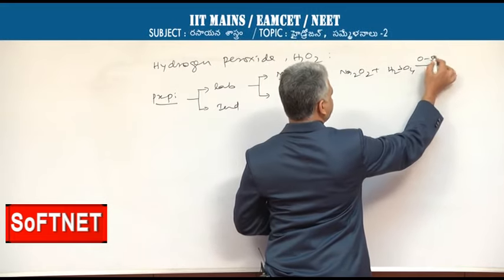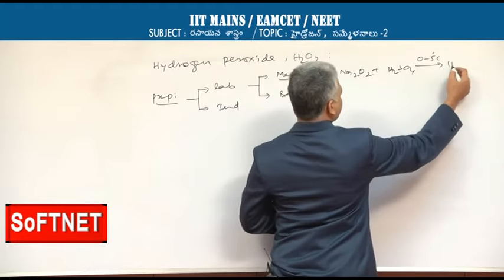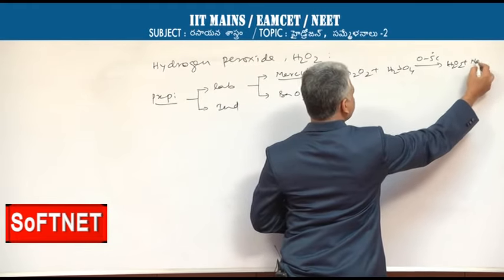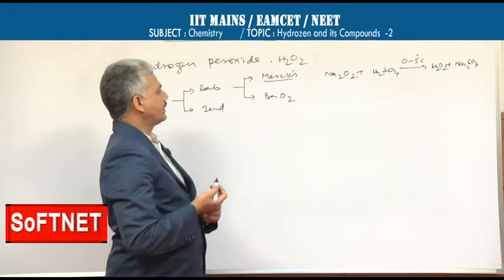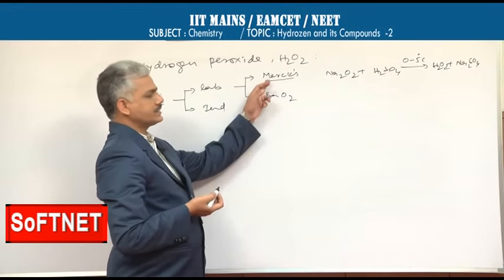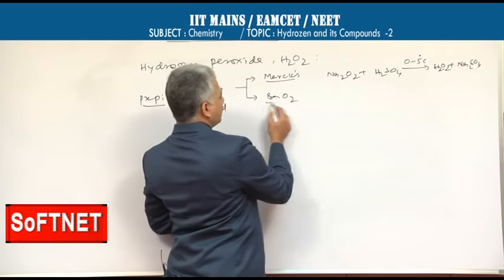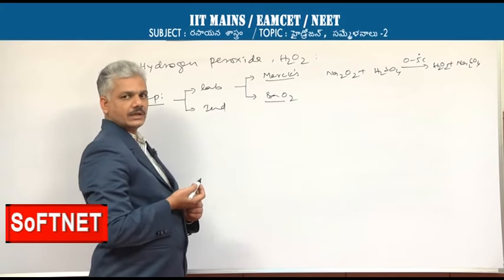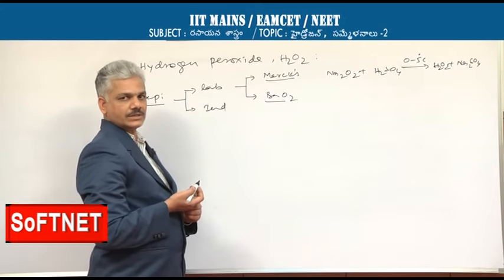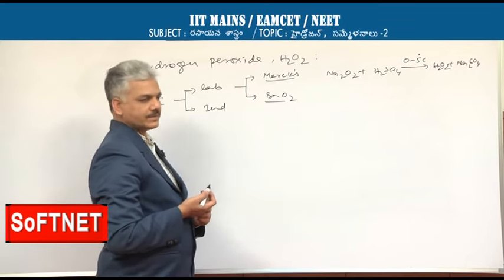Reaction is carried out at low temperatures. You will get hydrogen peroxide and sodium sulfate as the products. This reaction is called as a Marx process. Alternatively, when barium peroxide is made to react with mineral acids at low temperatures, you can get dilute solutions of hydrogen peroxide.